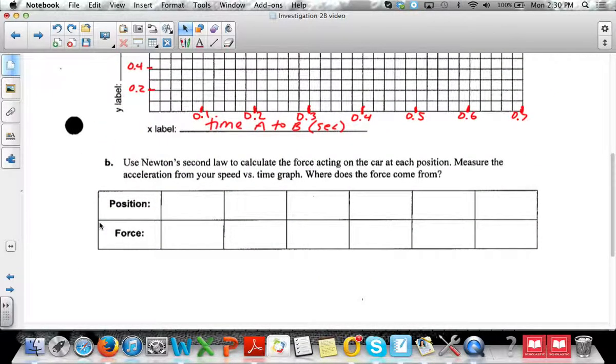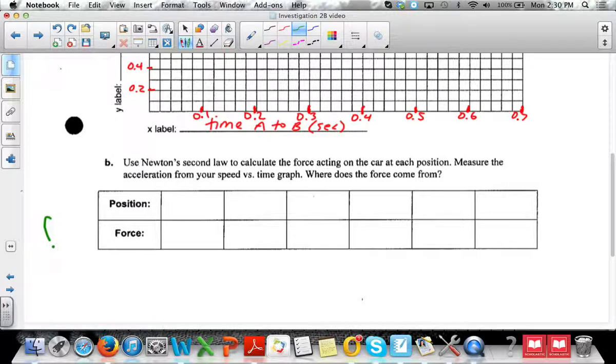Alright, and then this part, calculating the force, this is section 4B. They say to measure the acceleration from your speed versus time graph, but I just want to show you how I would do this.